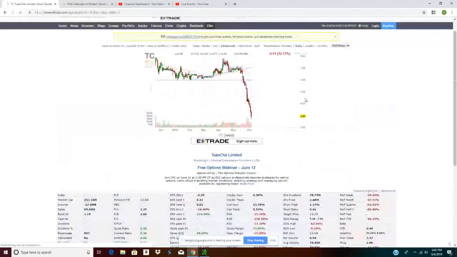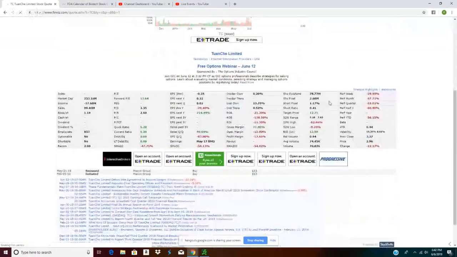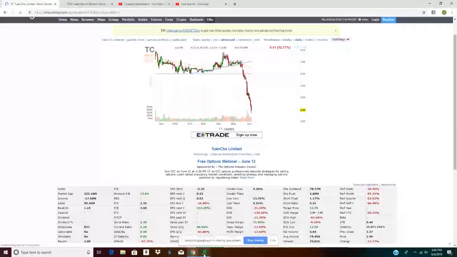You want it to have that short float. It did get a nice little bounce on this day, though. I'm going to see what the range was on that. 55-cent range.